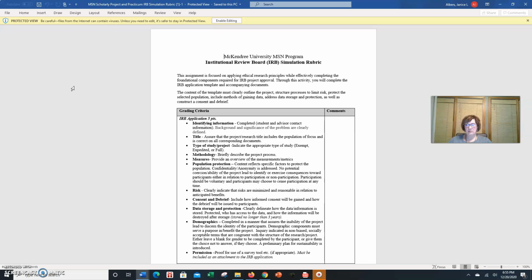So with the IRB application, there is an application form, and there's also an example for you to read through. So what you're going to do is take the information from your project and translate that into the IRB format. This is going to be specific to your project, but you won't have to actually submit the IRB application to the IRB at McKendree University.